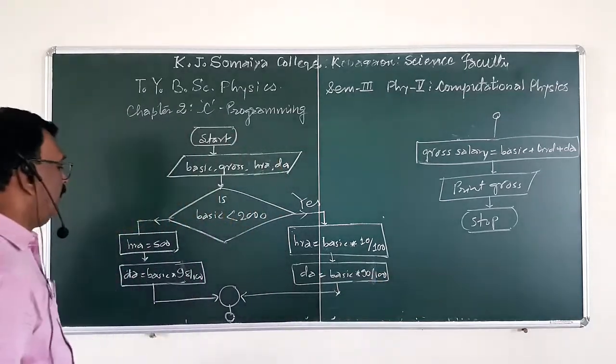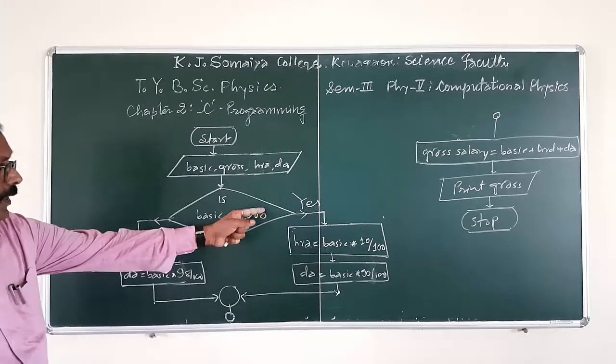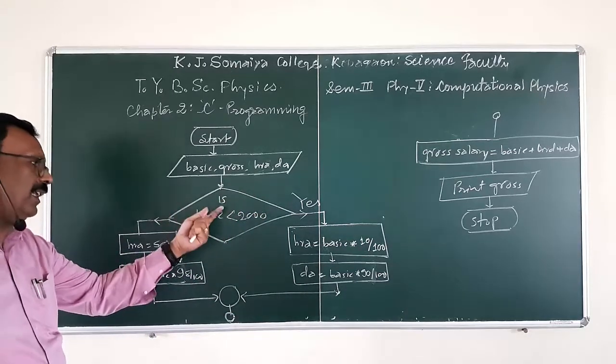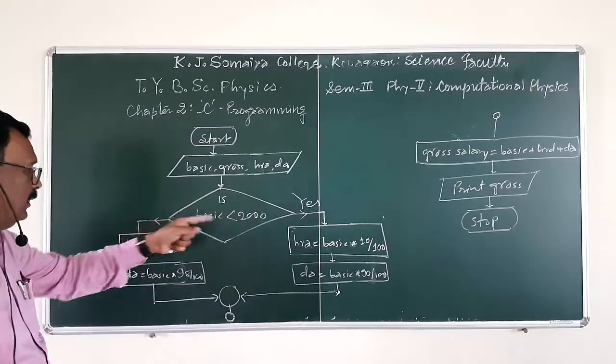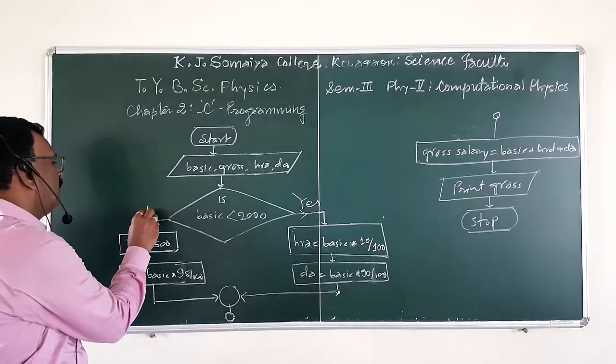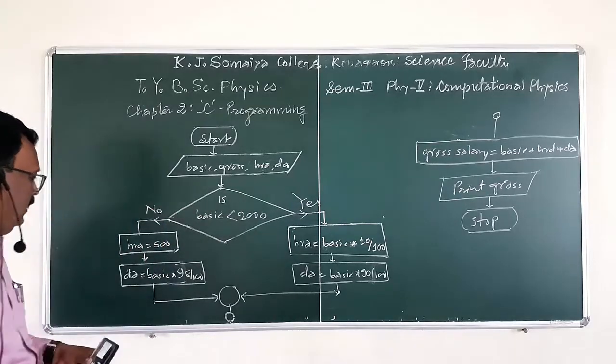And if the condition is not true, basic is greater than or equal to 2000, then this side is executed.